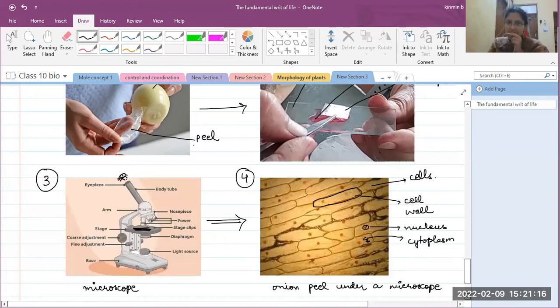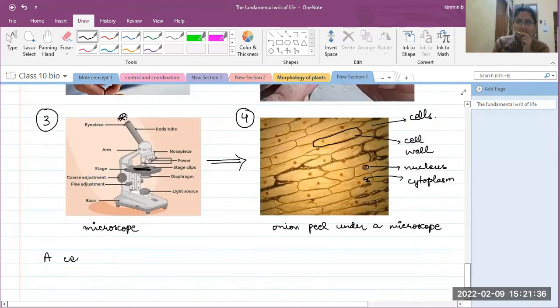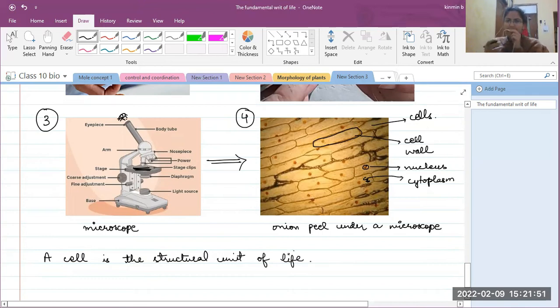This is what an onion peel looks like. So each and every organism on earth, be it any plant, any animal, they are made up of cells like these. A cell is the structural unit of life.